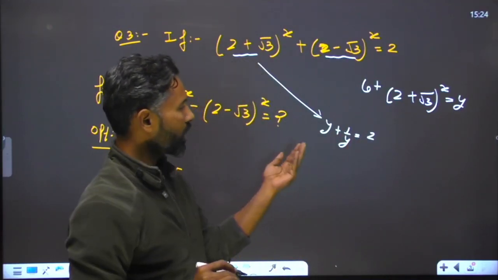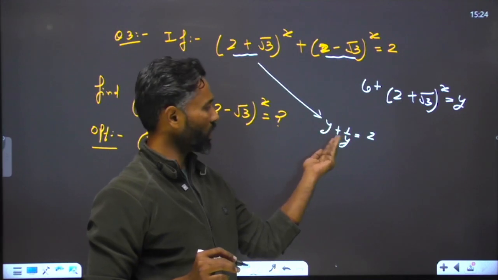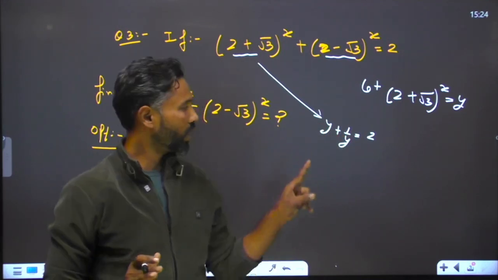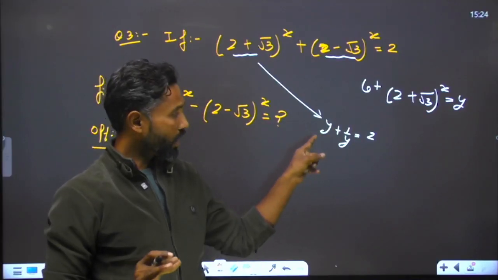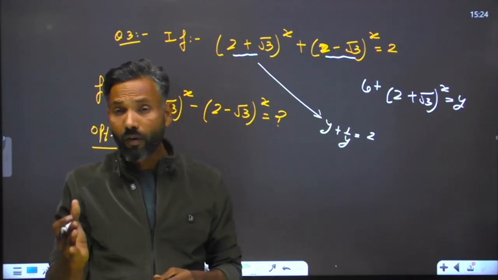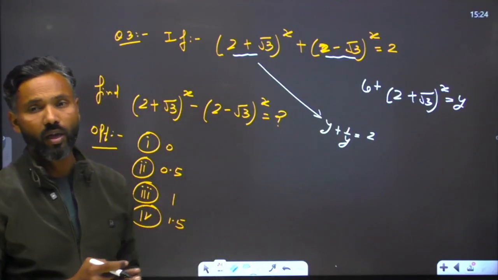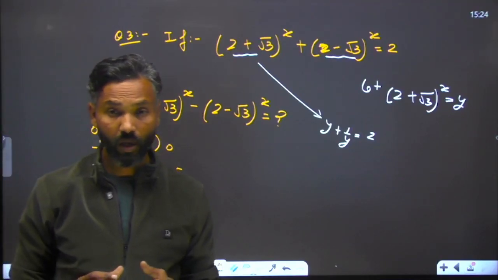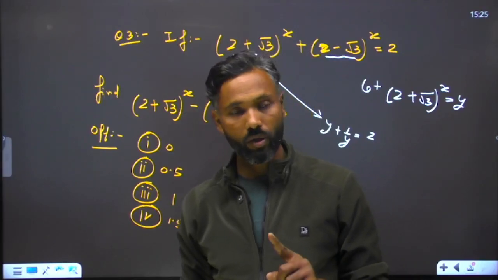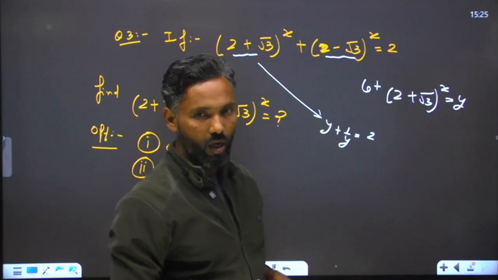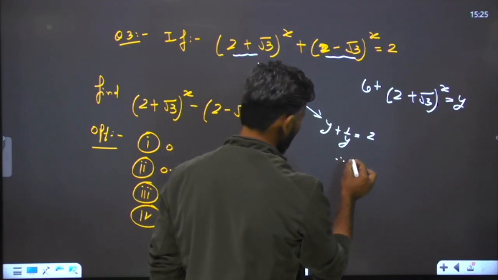Now I'm saying that the sum of these reciprocals is equal to 2. Here there are two terms, one is y, another is 1 upon y. So I can say the sum of reciprocals is equal to 2, and we have discussed in the just previous question that if the sum of two reciprocals is equal to 2, then this is the minimum value of their sum, it means y will be equal to 1.